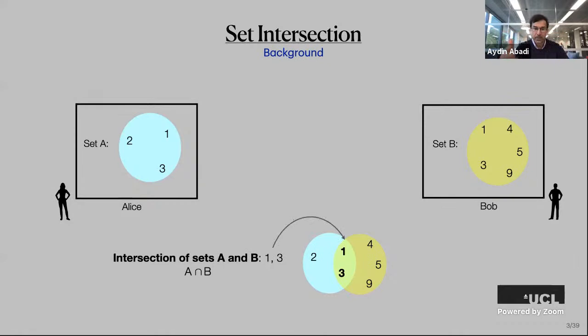So in this example, you can see that the intersection of the 2 sets is elements 1 and 3. In other words, the intersection of these 2 sets, or in general sets, are the elements common in both sets. It doesn't have to be 2 sets, but for simplicity, I just give 2 sets as an example.